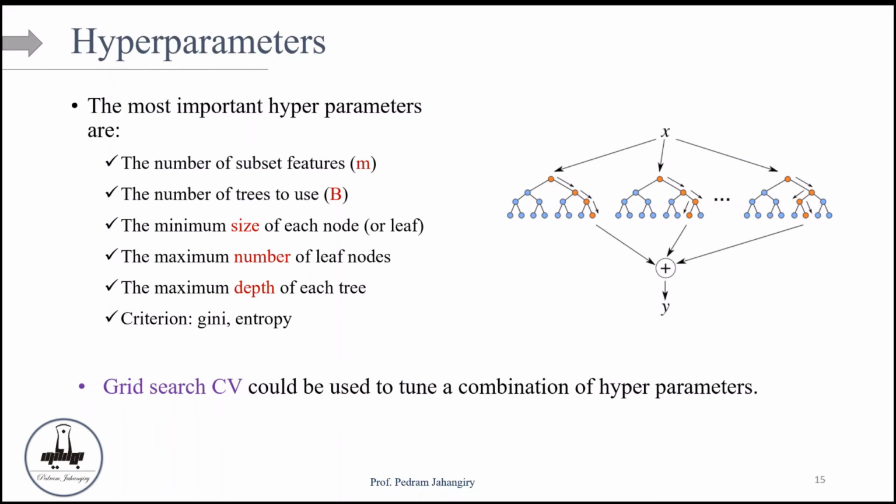But the new ones that we didn't see in decision trees are M and B. As you saw from the previous slide, how we choose M makes a big change in the performance of the model. So the number of subset features is one of the hyperparameters. Then the number of trees themselves, this is capital letter B, and in Python, it's called number of estimators.